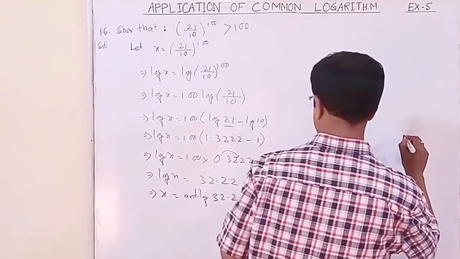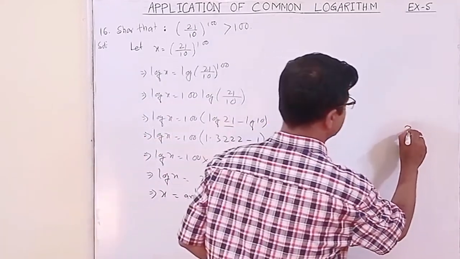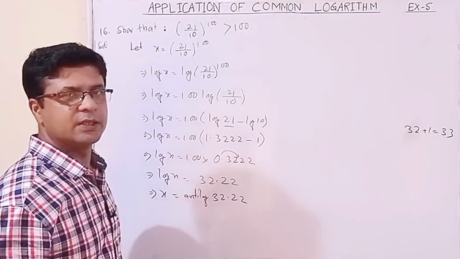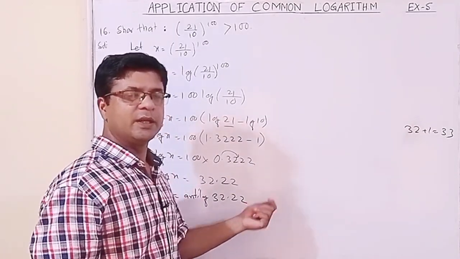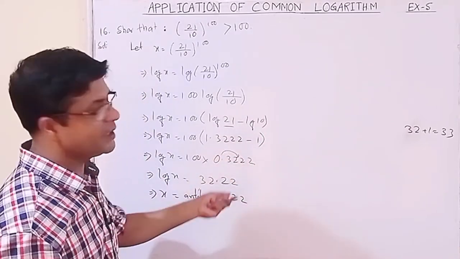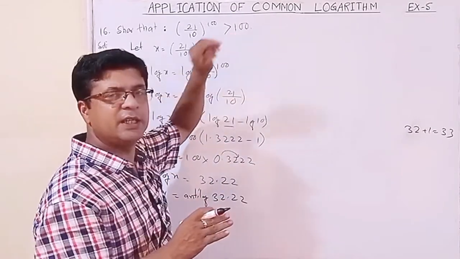Okay, so after how many places we have to put the decimal? 32 plus 1, that is after 33 places. Okay, so we will get a number where there are 33 digits. So that 33 digit number is a very big number, so that is always greater than 100.